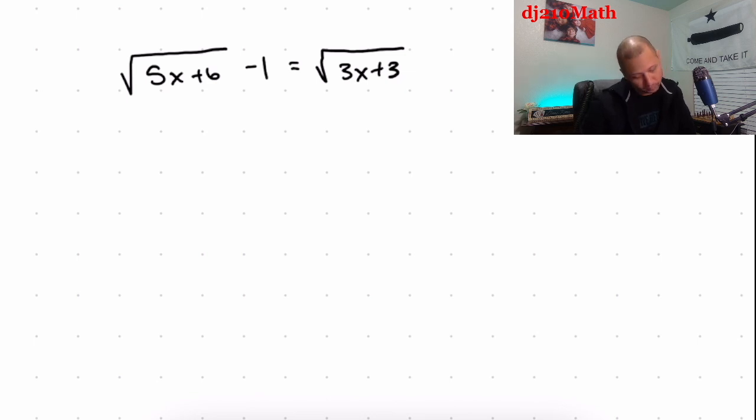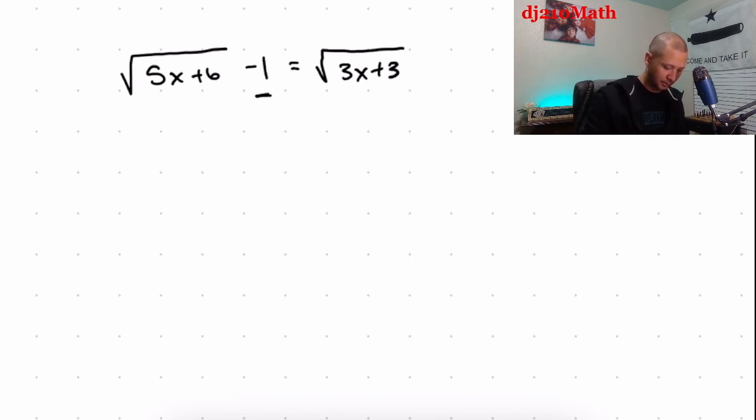So this is probably the pinnacle of these problems, and it's because the square root is on both sides with a number, right? This number. My suggestion would be to put both square roots on the same side.